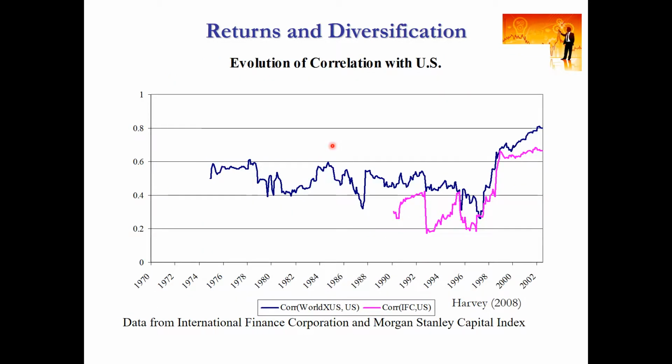This also can be looked at through a specific event. For example, this black line is the correlation between the US and the rest of the world, and this red line is the correlation between the US and another global market index.